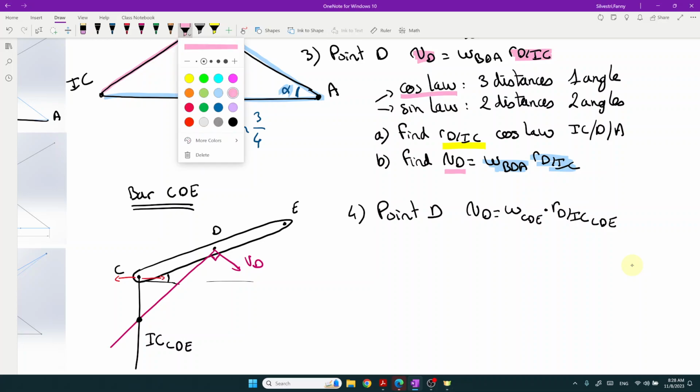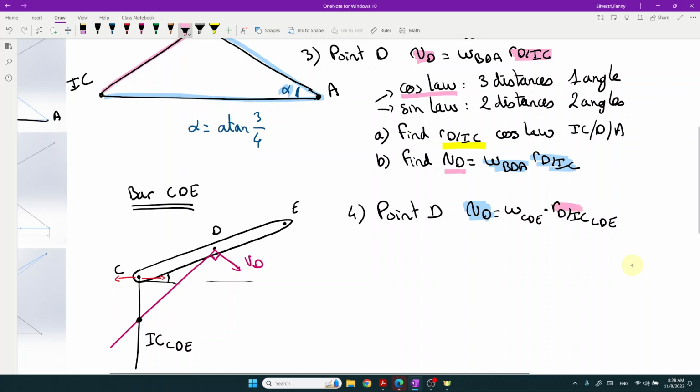The only thing that we know is VD, because VD is the same as the VD of the previous bar, since that's the pin connection between the two bars. We need one more piece of information. We cannot find omega. We need to find RDIC. We need to focus on this one.